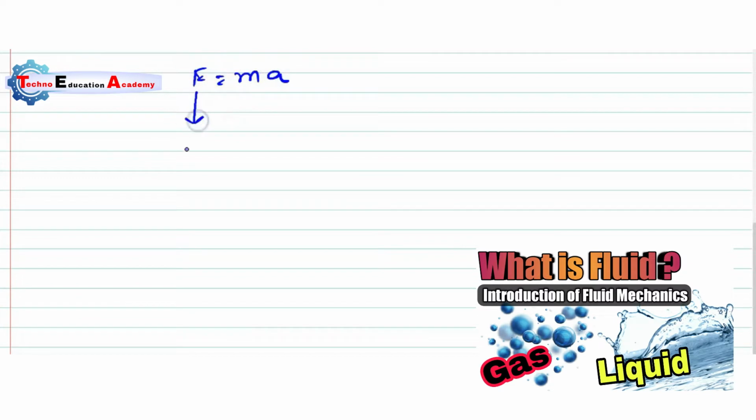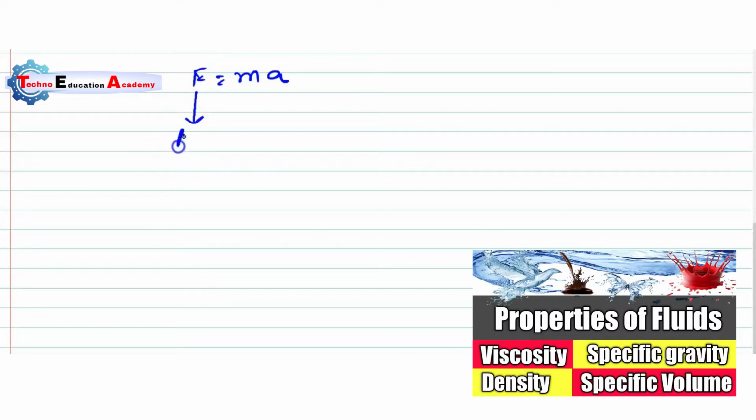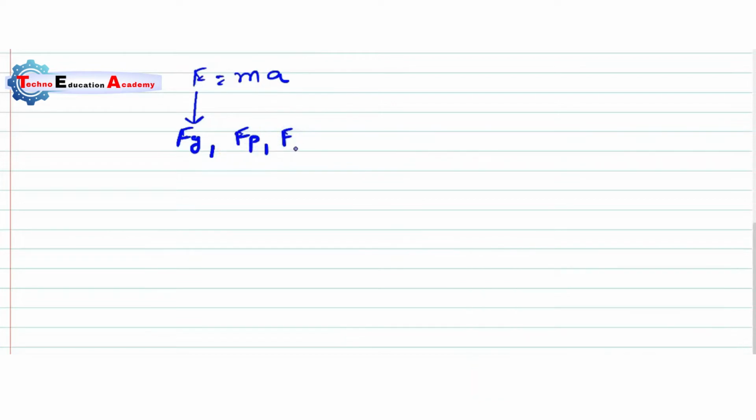Now, from that important step, F is equal to ma. Here, the list of forces applied on the fluid are: gravity force Fg, pressure force Fp, viscous force Fv, turbulent force Ft, and compressible force Fc.